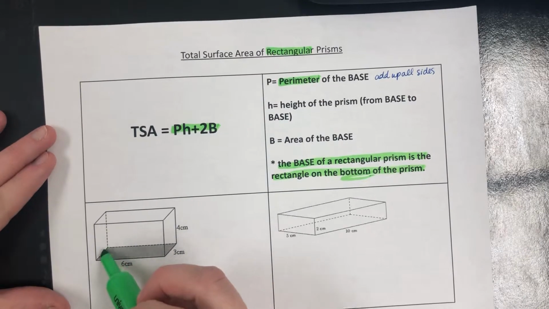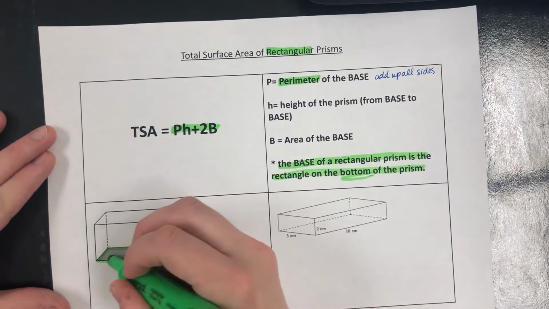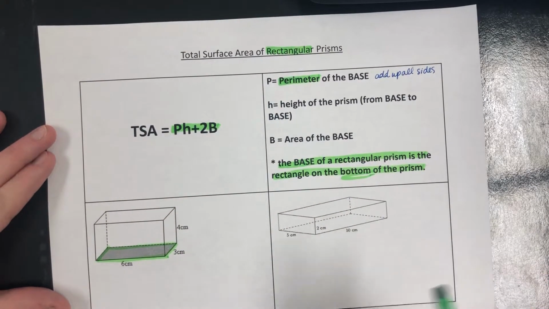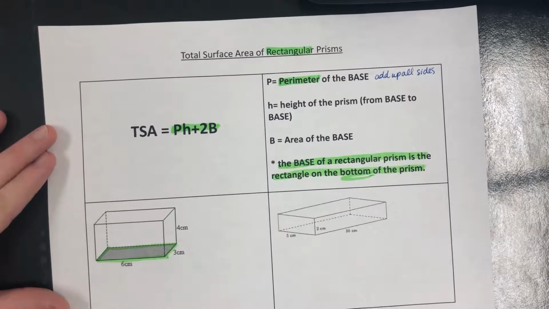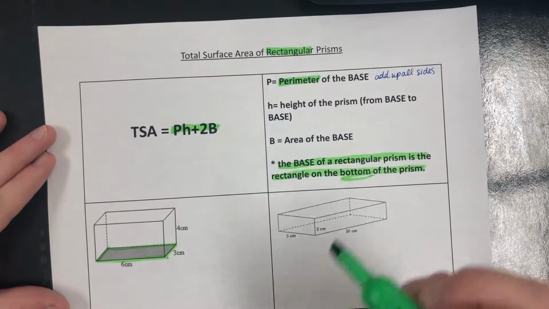For instance, in this one, our base would be this bottom shaded rectangle. They're not always going to be shaded for you like that, but this one is, just to make it a little more clear. So that's P, the perimeter of the base.